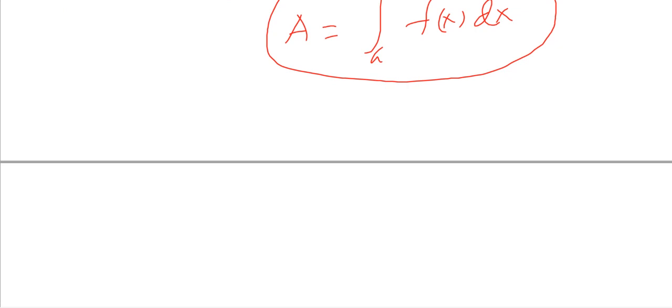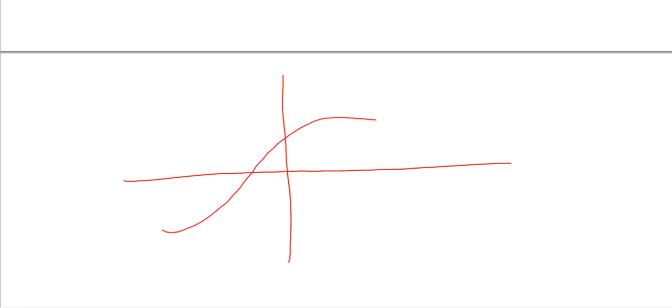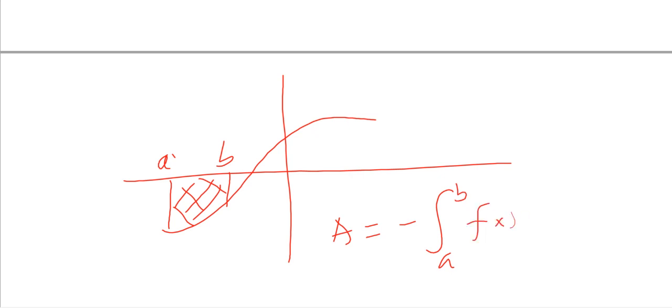It is also important to remember that normally, instead of f of x, we can just write y. When the region is below the x-axis, say we are interested in the area of this region, then the area will be minus the integral from A to B, f of x dx.